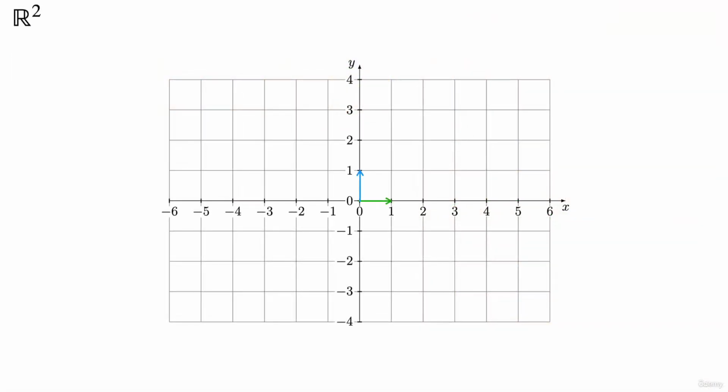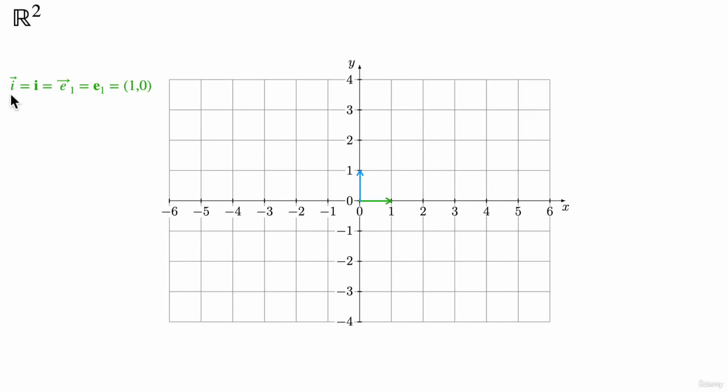Now I will show you some very important vectors which will play a very important role in the rest of the course. These are the vectors I'm talking about, this green one and this blue one. This green one has coordinates 1, 0, because it has delta x equal to +1 and delta y equal to 0, because it's a horizontal vector.